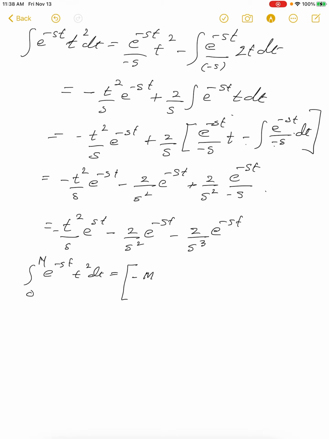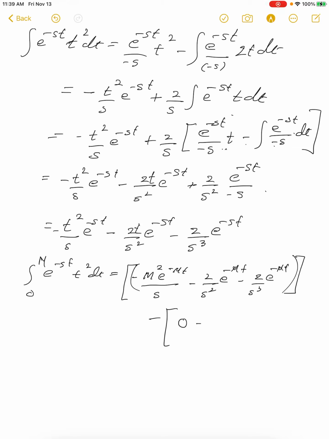So I get minus m square e to the minus ms by s, minus 2 by s square e to the minus ms, minus 2 by s cube e to the minus ms. All of this is going to tend to 0. Minus the value at t equal to 0: the terms with t give me 0, so I get minus 0 minus 2 by s cube.